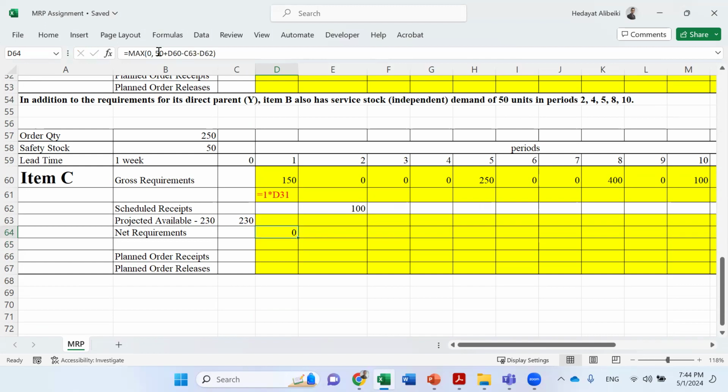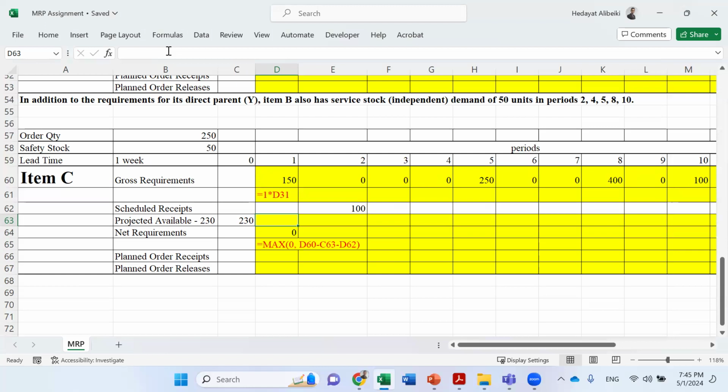I don't need anything, and the reason is that I will have 80 actually in stock, and 80 is enough. No safety stock. We're good.